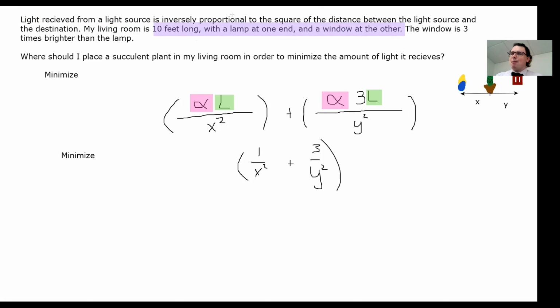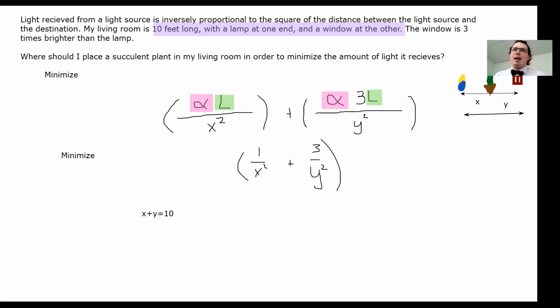If I pick my x, then my y is chosen for me. Right? When I set the plant down close to the lamp, that is also setting it down far away from the wall, and so on. The relationship these things have to each other is that x plus y has to equal 10, the whole width of this room.